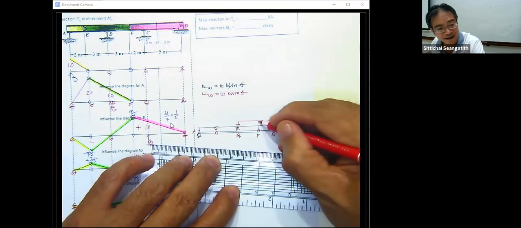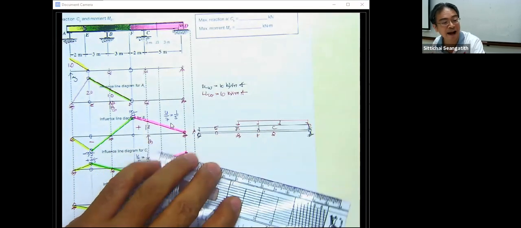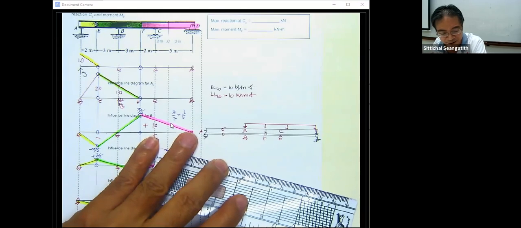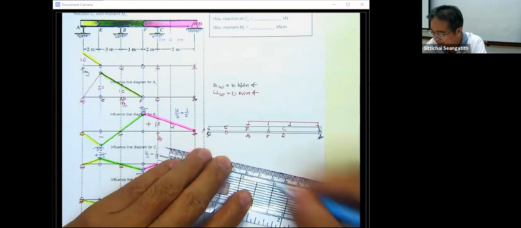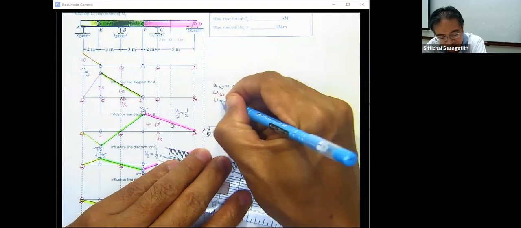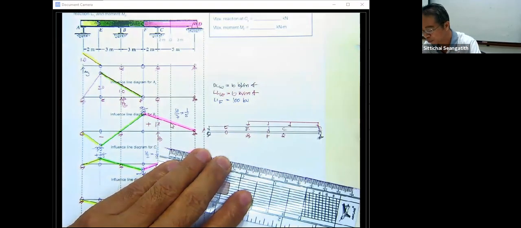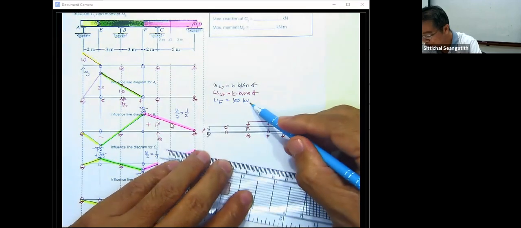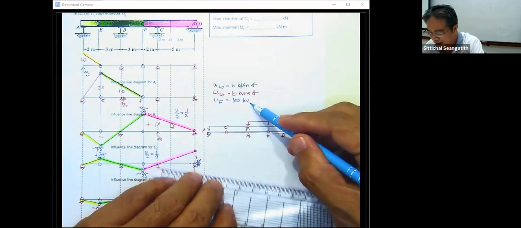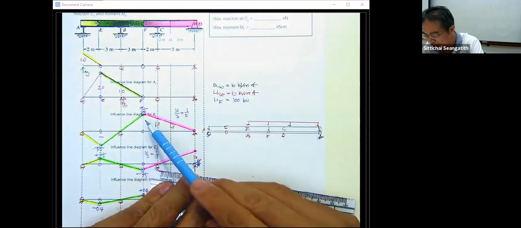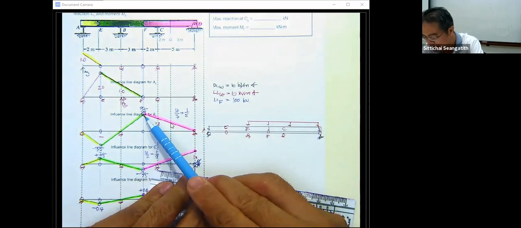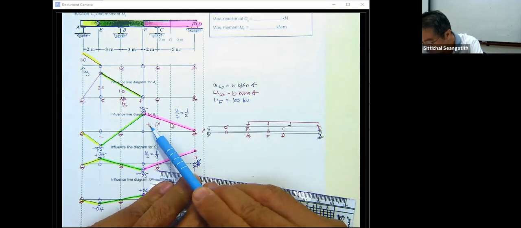And later, let's have the live load that is going to be a concentrated load of 100 kilonewton, maybe the wheel load. Okay, this one we're going to put at what? At the point of the maximum coordinate, at the maximum influence.